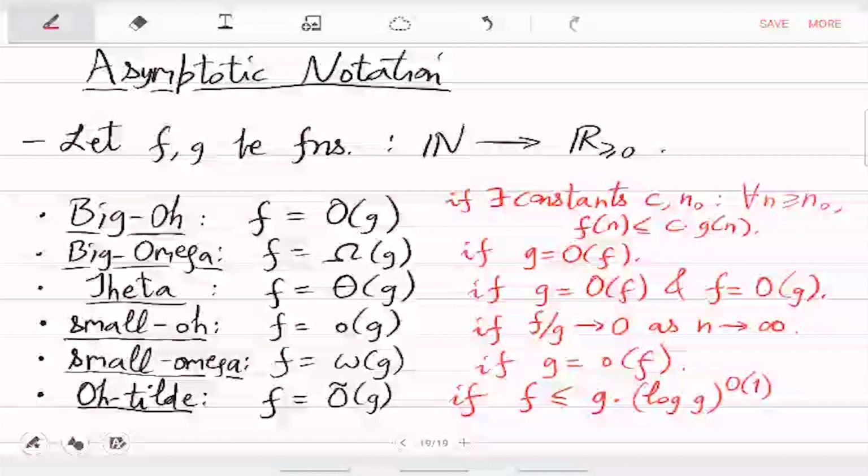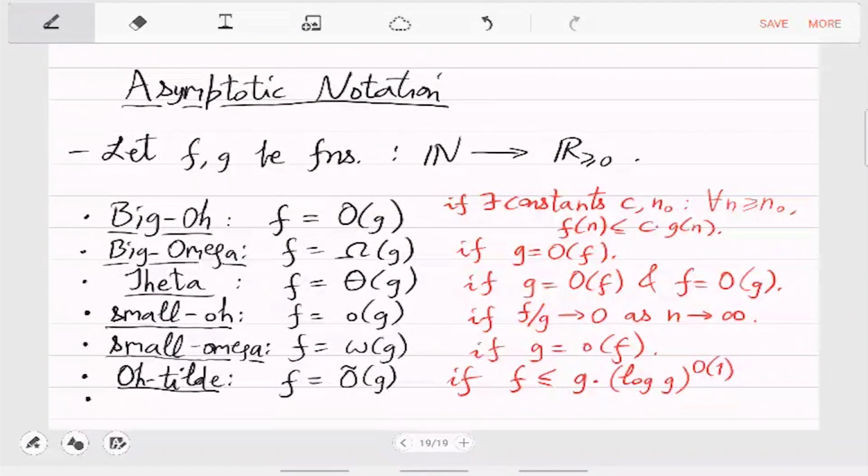And just symmetric to this, you can have omega tilde.